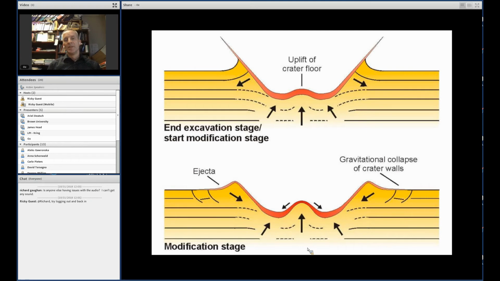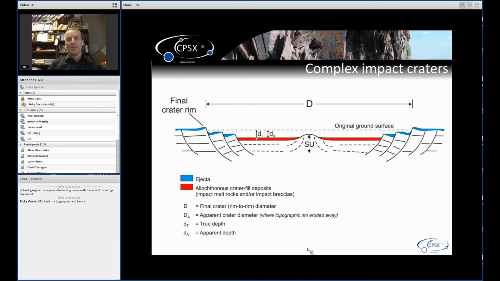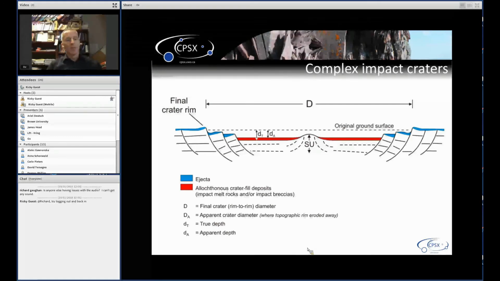And so that transports material. This red lining of broken rock and melt can be transported, moved around within the crater, importantly over the crater rim, and deposited for many hundreds, if not thousands, of kilometers around. And so this leads us into what we call a complex impact crater.